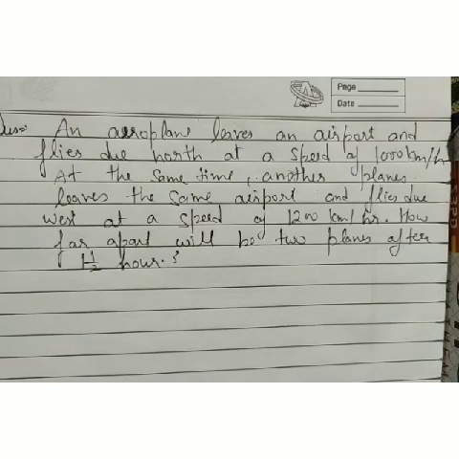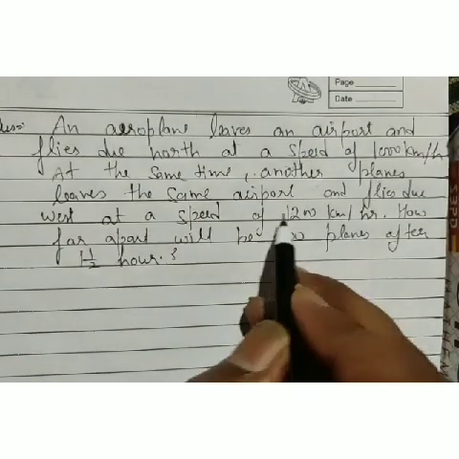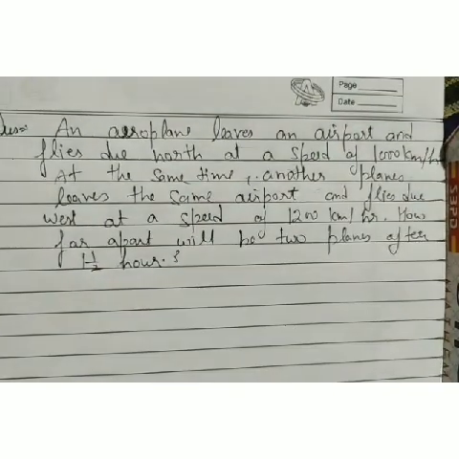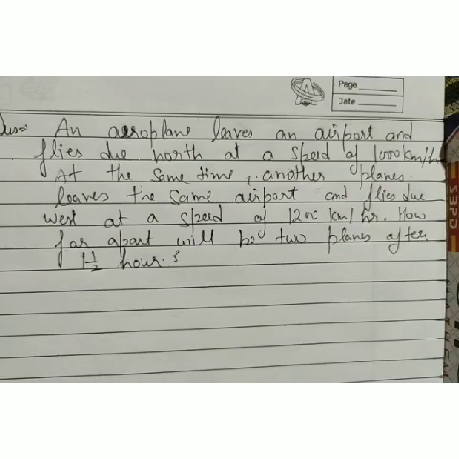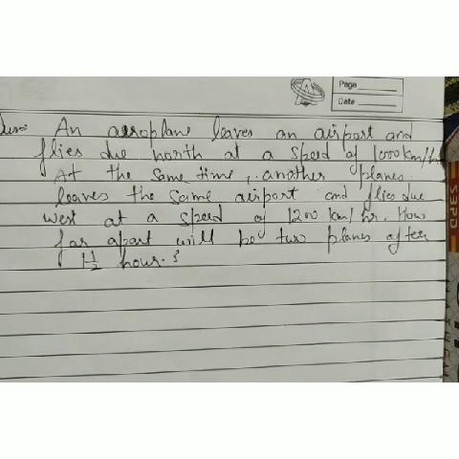At the same time, another plane leaves the same airport and flies due west at a speed of 1200 km per hour. How far apart will the two planes be after one and a half hours? Now, what do we do? It's a problem based on the application of the Pythagoras theorem.